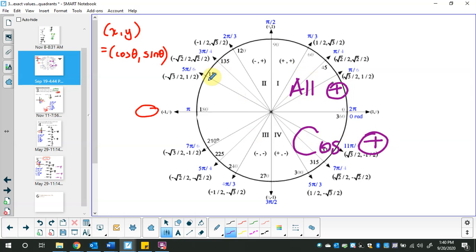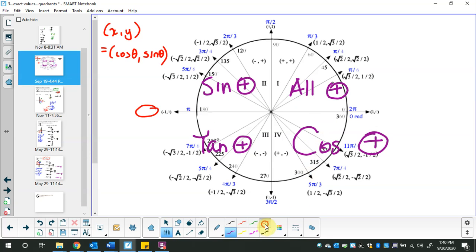In this quadrant, sine is positive, and in this quadrant, tan is positive. So it's called the cast rule because C-A-S-T. It's also called all students take calculus, but that's not true. So how about all students take civics? All students take careers. Either way, this is how it's set up.